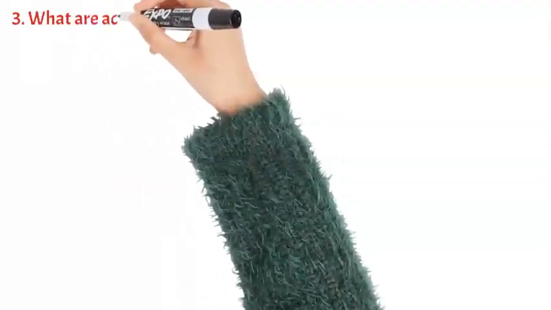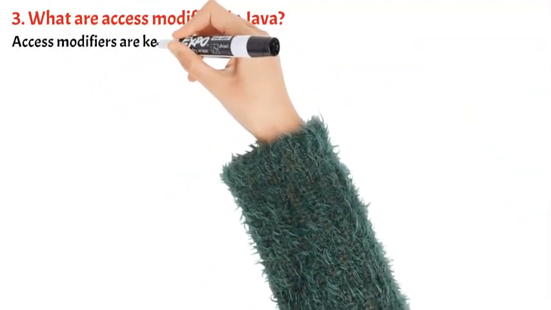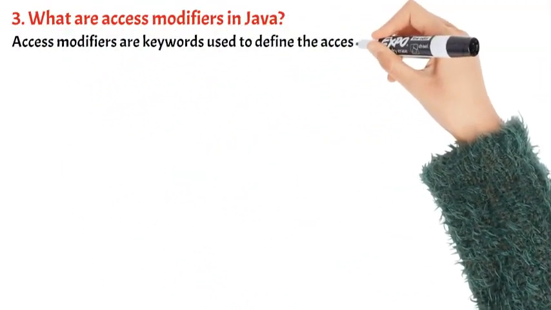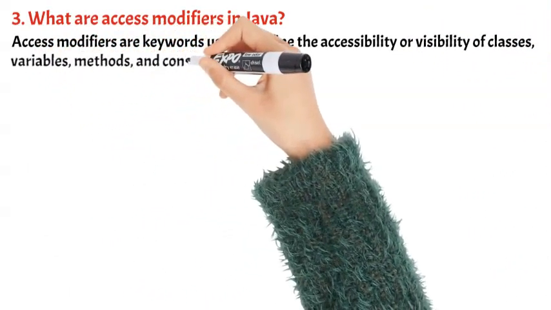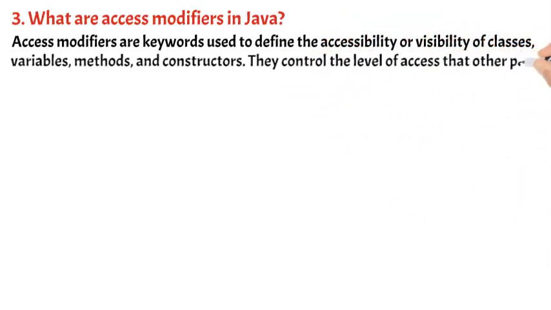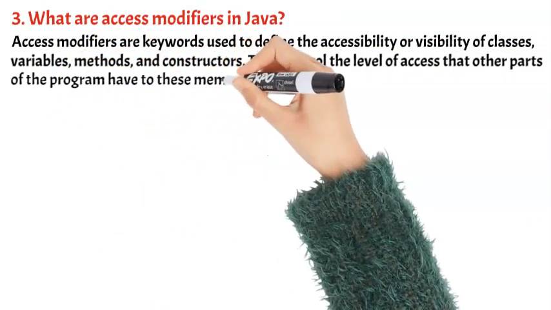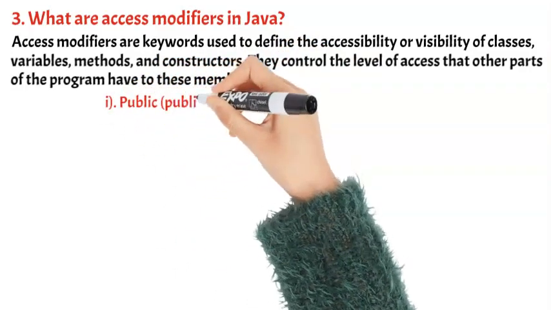3. What are access modifiers in Java? Access modifiers are keywords used to define the accessibility or visibility of classes, variables, methods, and constructors. They control the level of access that other parts of the program have to these members. 1. Public.